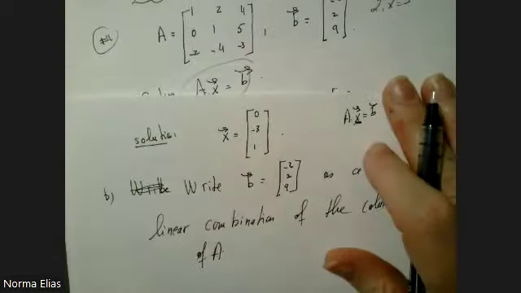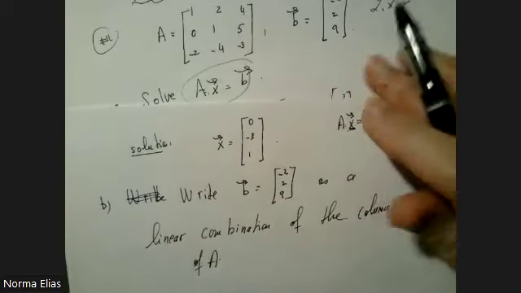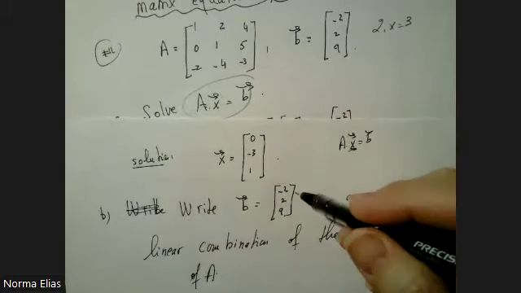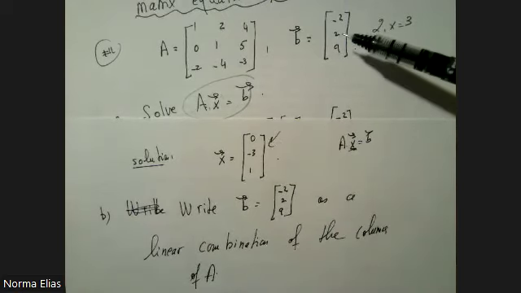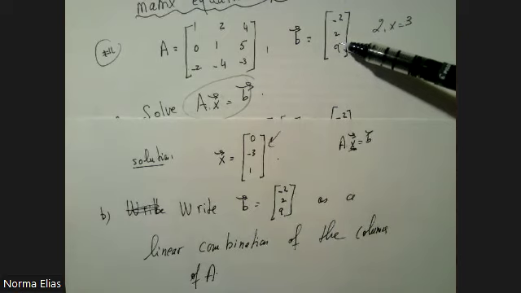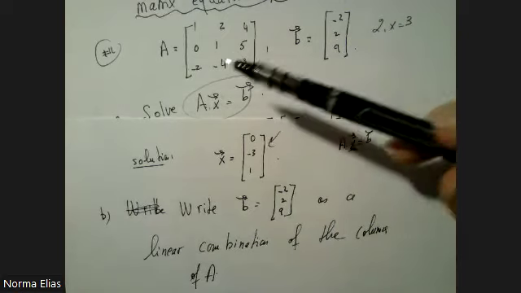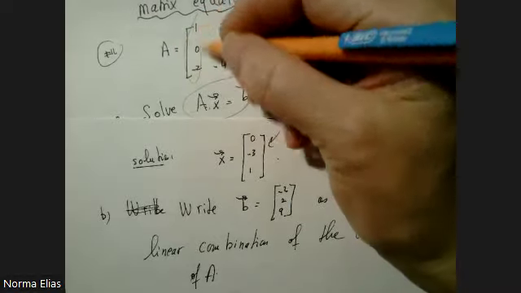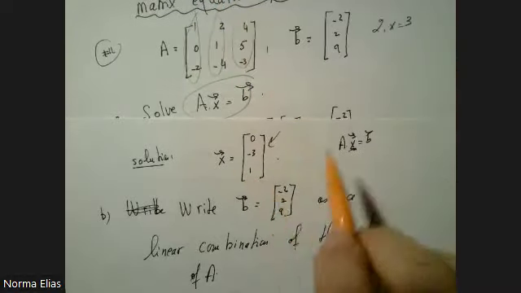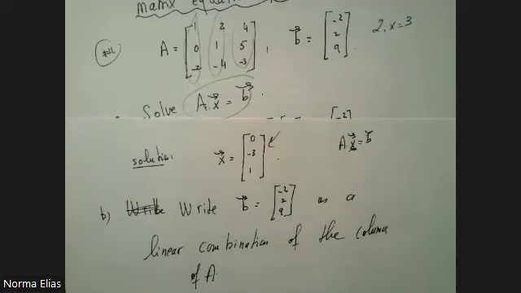I solved AX equal to B. I got this as a solution. And now my question is, write B as a linear combination of the columns of A. So these are the columns of A. I want you to write B as their linear combination. Can anybody answer this question?